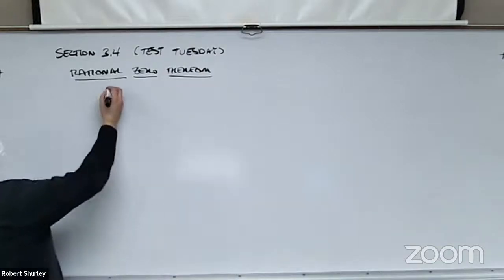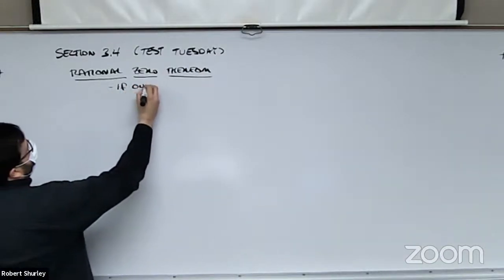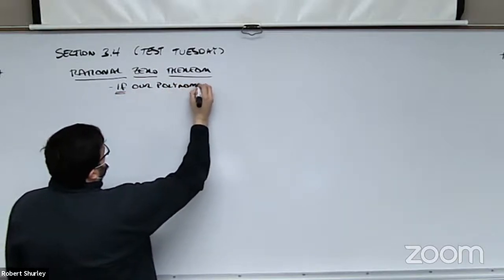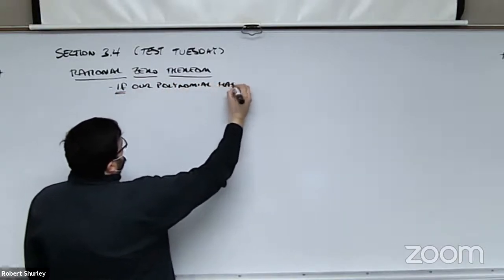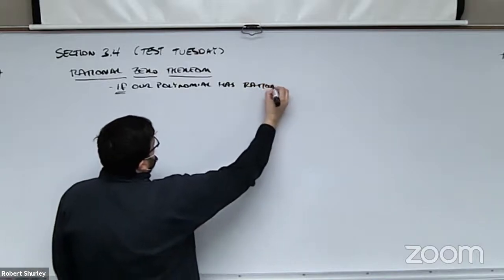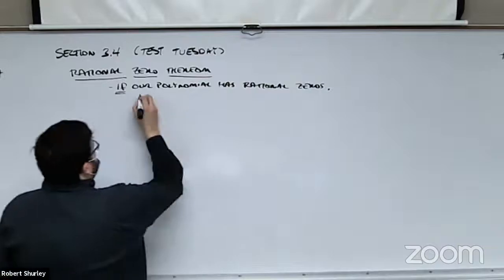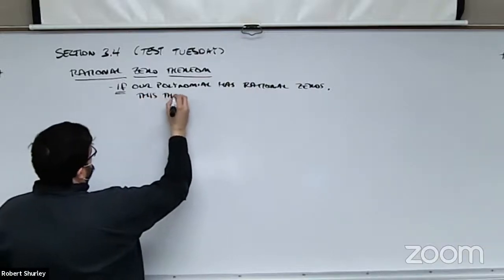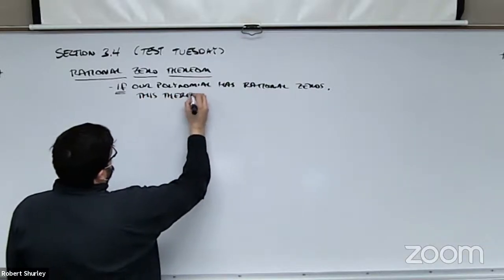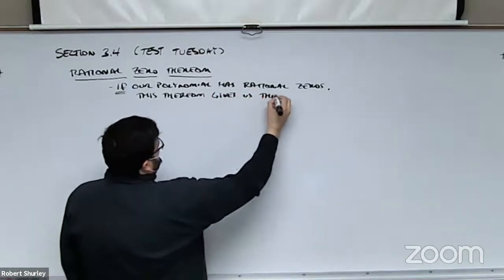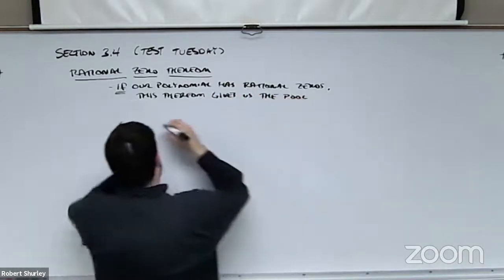If our polynomial has rational zeros, it's going to come from this theorem. So I'm going to write that down. If, and it's a big if, our polynomial has rational zeros, this theorem gives us the pool to choose them from.